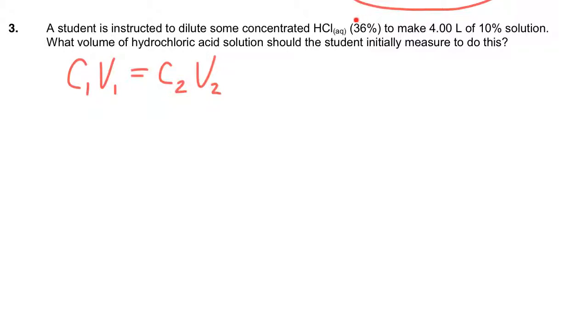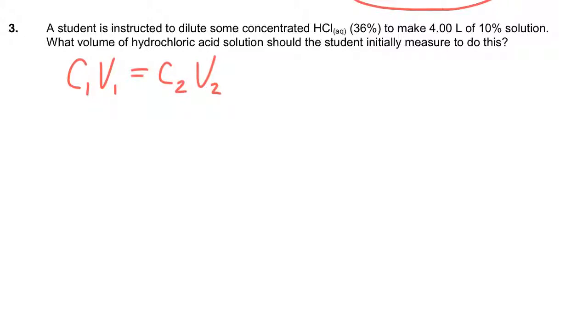And at this point, I'm going to stop. Our concentration is given as a percent, not moles per liter. Some people will be tempted to change this into moles per liter. However, you don't really have to. As long as the units for concentration are the same on the left and the right, this will work out.